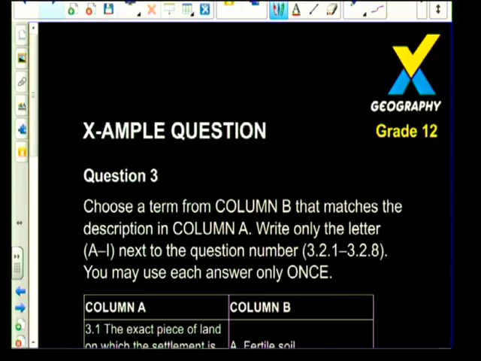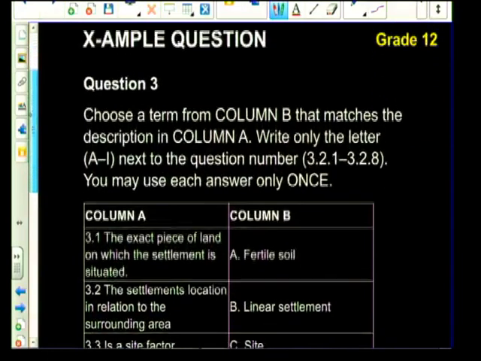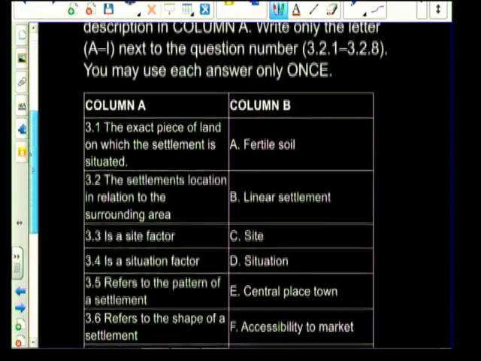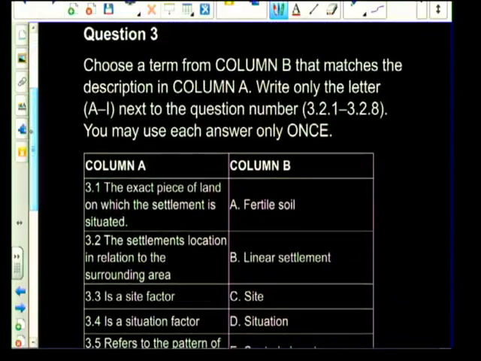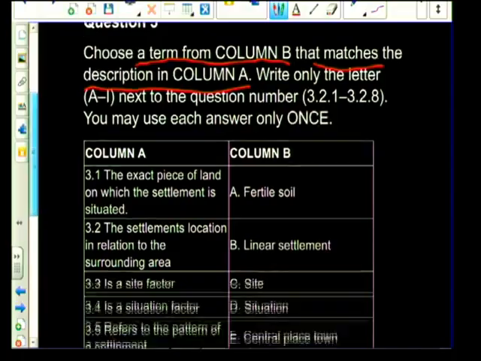All right? Now, it was those matching questions, where we had to choose a term from column B that matches the description in column A. Of course, same as in the past, you write the correct letter next to the number. Let's look at one like this.